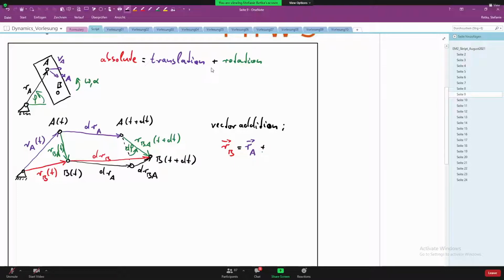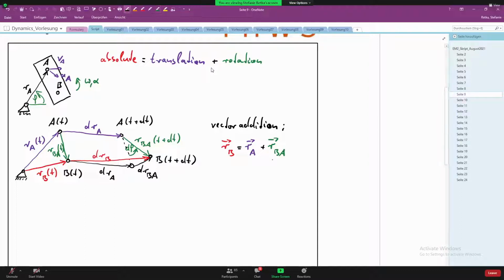and at the same time, B rotates about A. It's important that you write these in the correct order, BA. It's not AB.